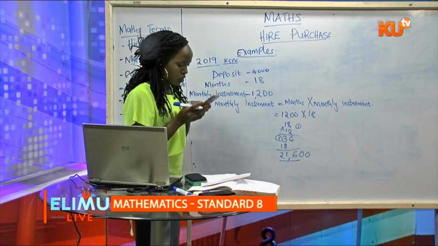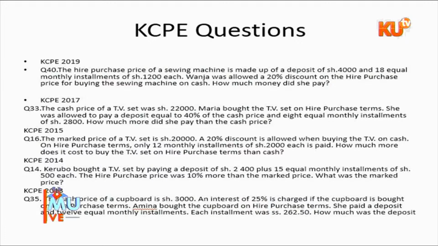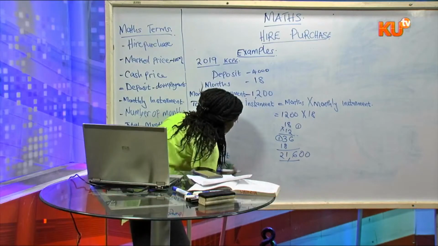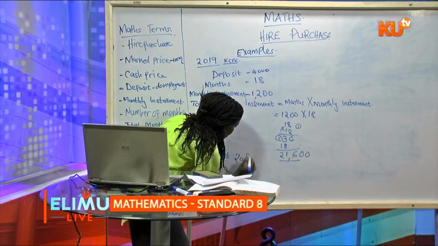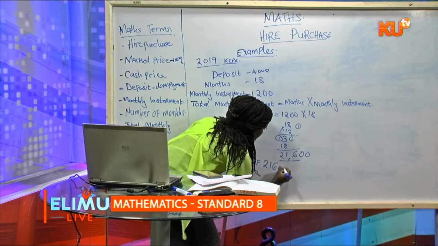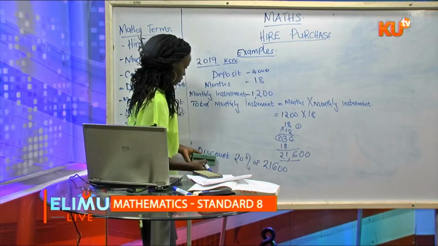We continue with our question. It says that Wanja was allowed a 20% discount on the hire purchase. So a discount was given on hire purchase, which was 20%. So it is 20% of the hire purchase, which was 21,600. So we calculate the discount that was given.